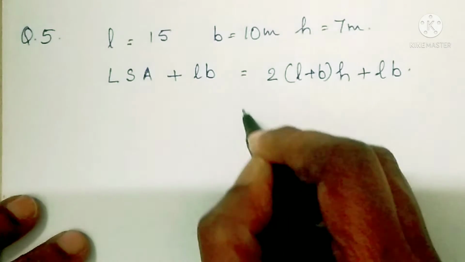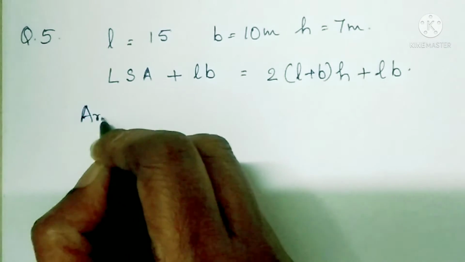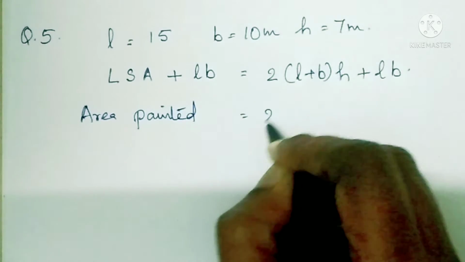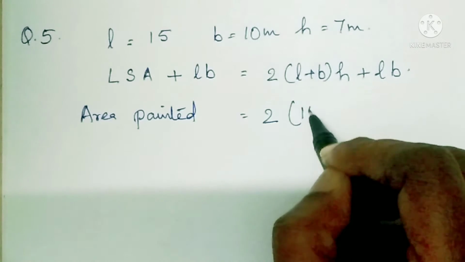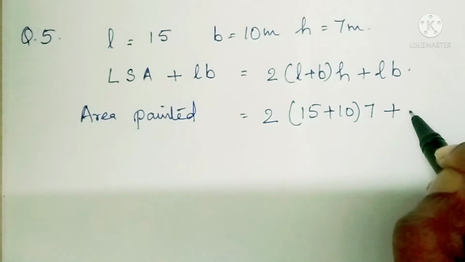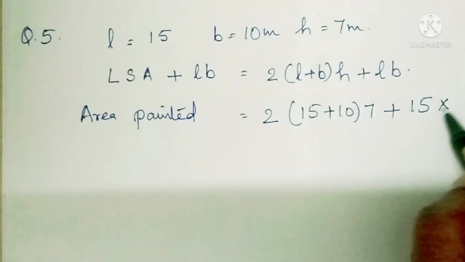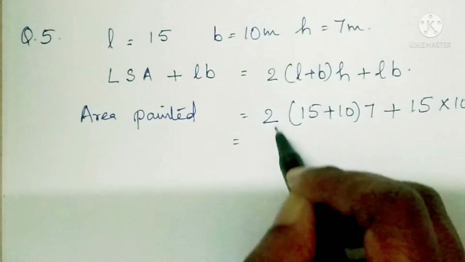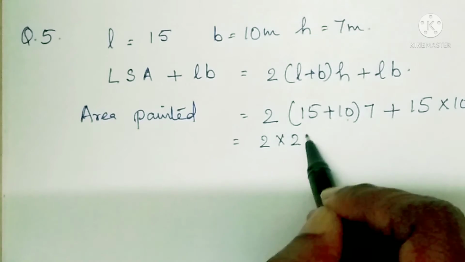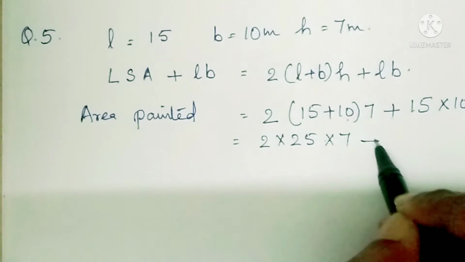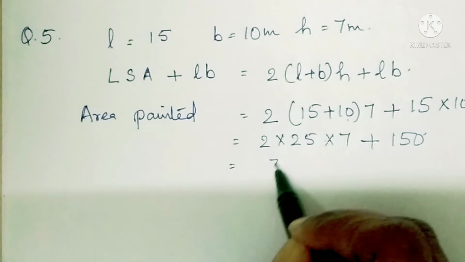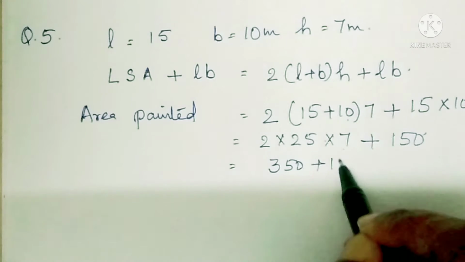So the area painted is equal to 2 into (L is 15, B 10) into H 7, plus L 15 into 10. So total 15 plus 10, 25. So 2 into 25 into 7 plus 150. That is 50 into 7, 350, plus 150.